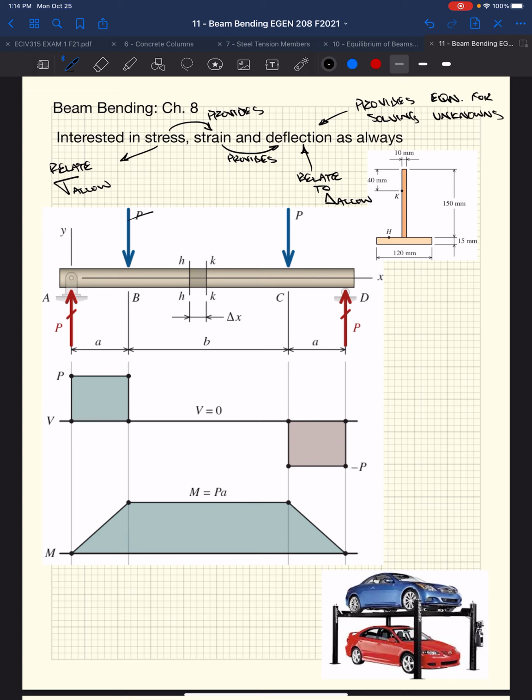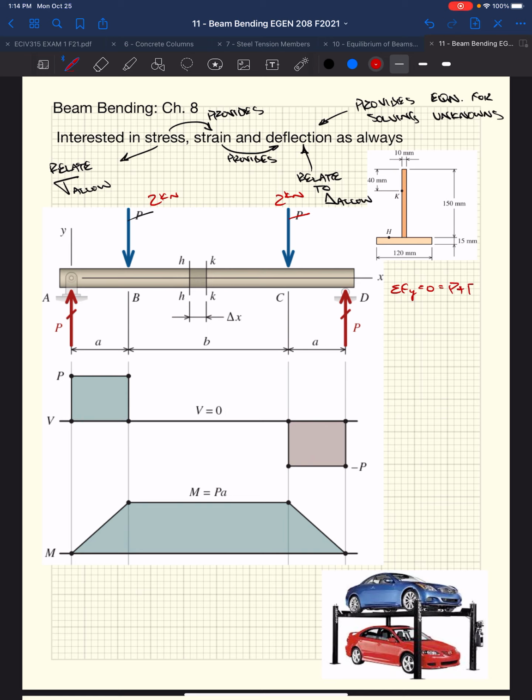I'm going to replace this, and we're going to actually run some numbers here. So instead of P, we had 2 kilonewtons, 2 kilonewton point loads acting on this beam. Due to symmetry, we could run through our equations of equilibrium.